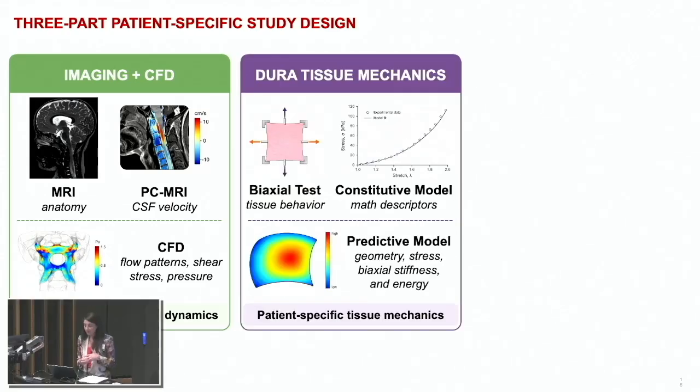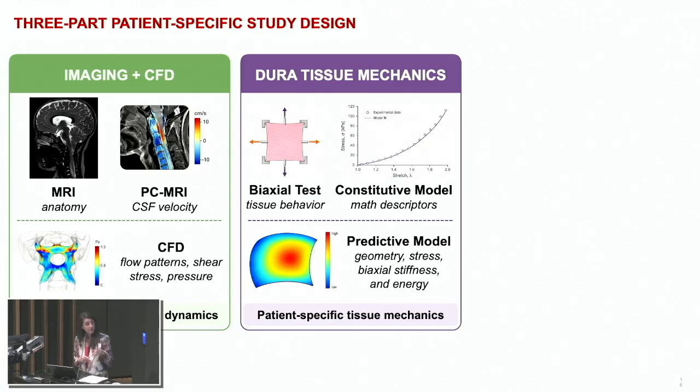The second part is planar biaxial testing. This is the bread and butter of my lab. During the decompression surgery, we will collect excised samples, as we have seen in the previous talk. One specimen will undergo planar biaxial mechanical testing by essentially stretching it along two axes that correspond to the anatomical circumferential and longitudinal axes.